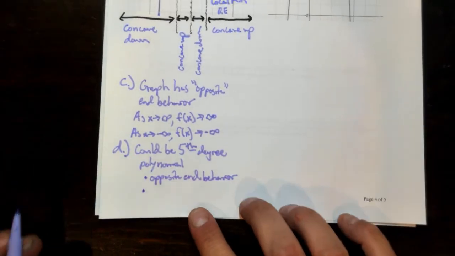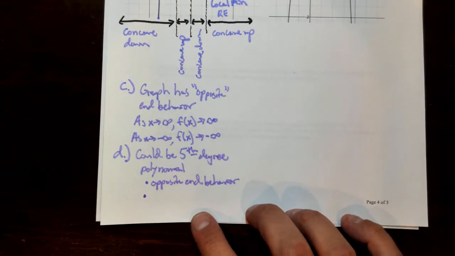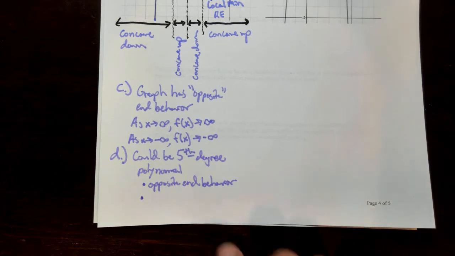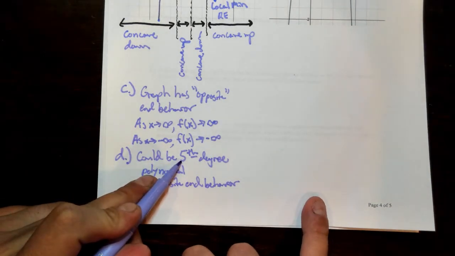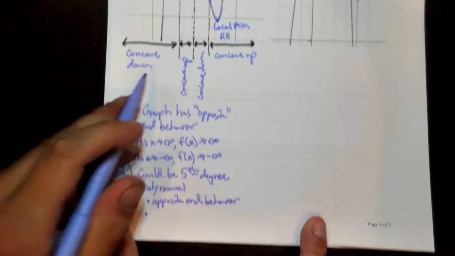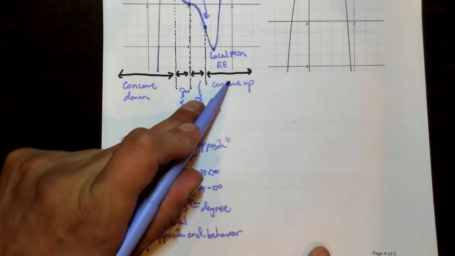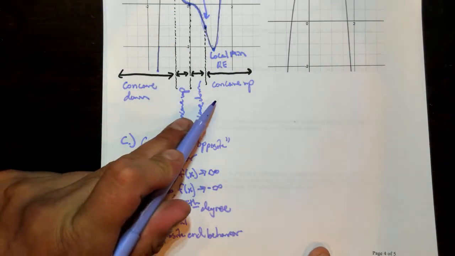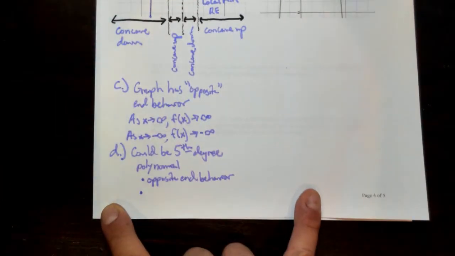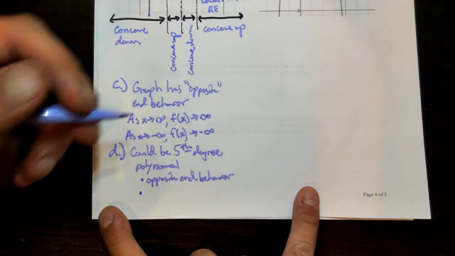The way that concavities work is that the number of concavities can't be more than 1 less than the degree. So because this is a 5th degree polynomial, we would expect to see no more than 4 different concavities. So that kind of gives me a hint that it could be 5th degree as well.